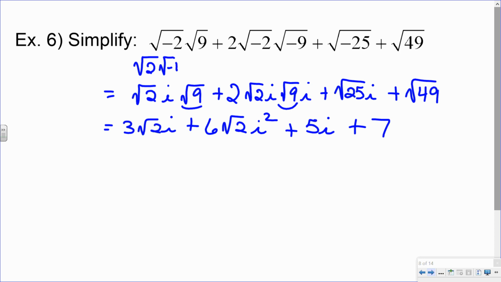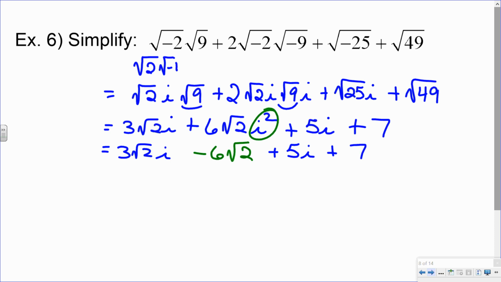Okay, so I've got i, and I've got i squared, an i, and a constant. So i squared is negative 1. So this becomes minus 6 root 2. So it's real. And I have the 3 root 2i, and the 5i, and the 7.